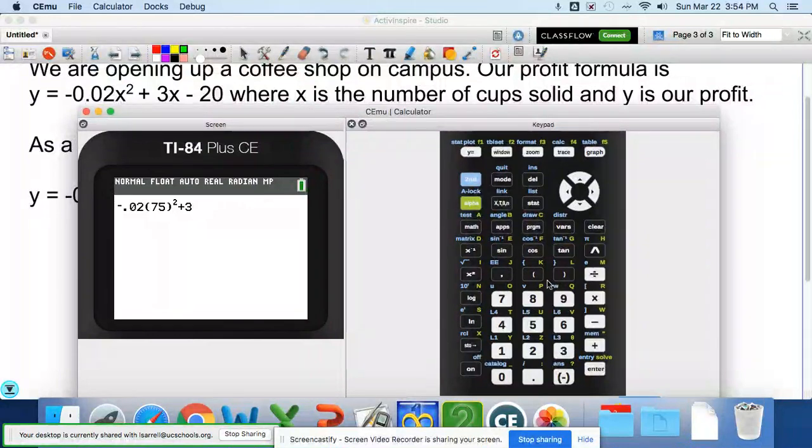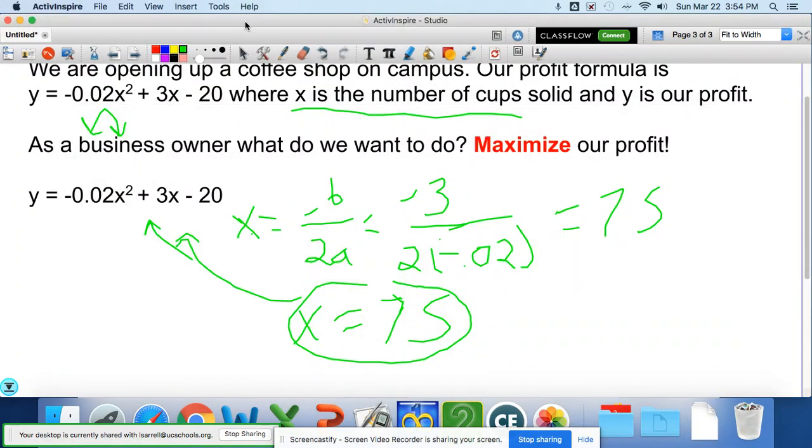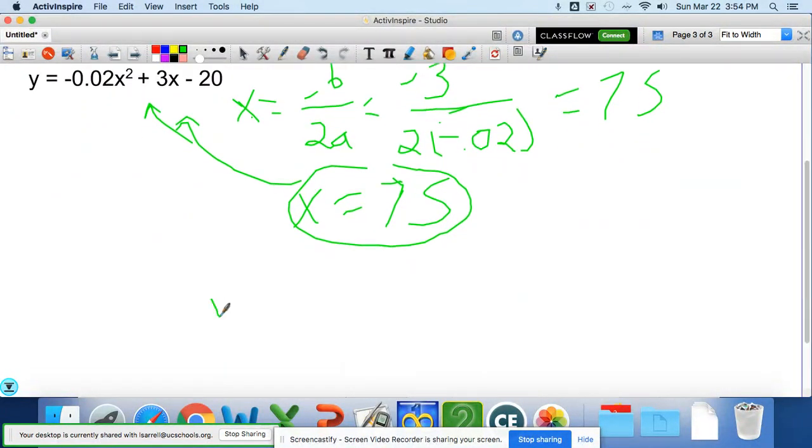I'll let you see it right there. Plus 3 times x, which is 75, minus maybe the $20 it cost us to get started up. A lot of crazy numbers. Spits out 92.5. Now, this is where a lot of people would probably say, great, we found y. Y is 92.5.